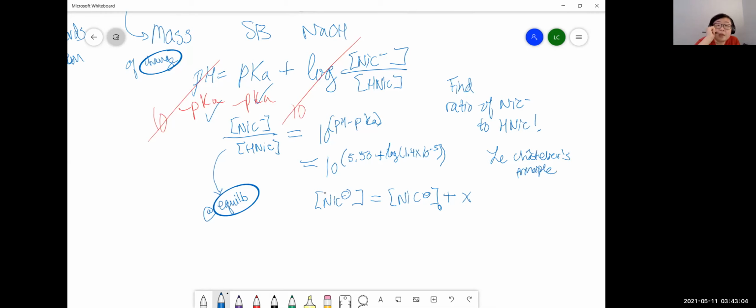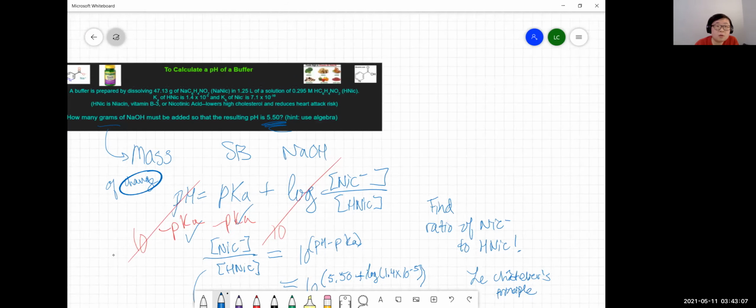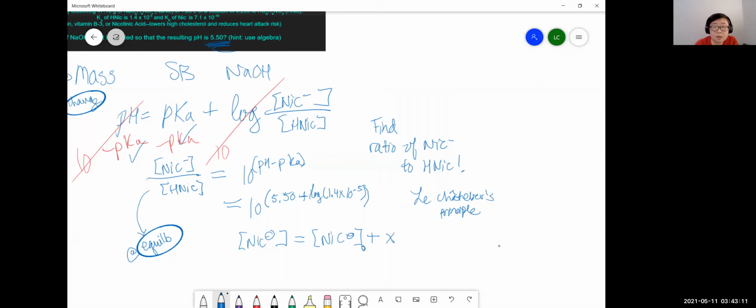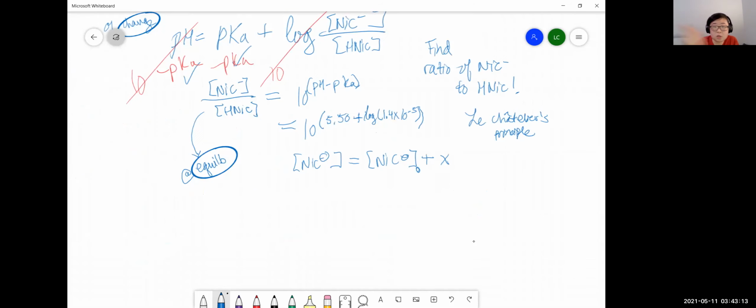So we're adding X because, look, we're adding NaOH. So when we add NaOH, we're decreasing the H plus. So we're going to shift right. And if you don't understand why, go look back at the base example. We're shifting right because we're losing protons. So we add X to Nic, and HNic is on the left side, so you're going to subtract. So it's going to be HNic initially minus X.